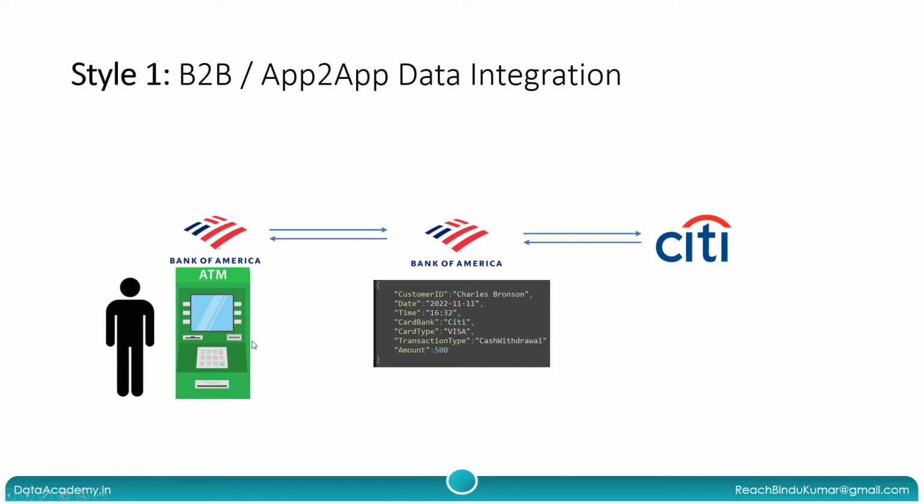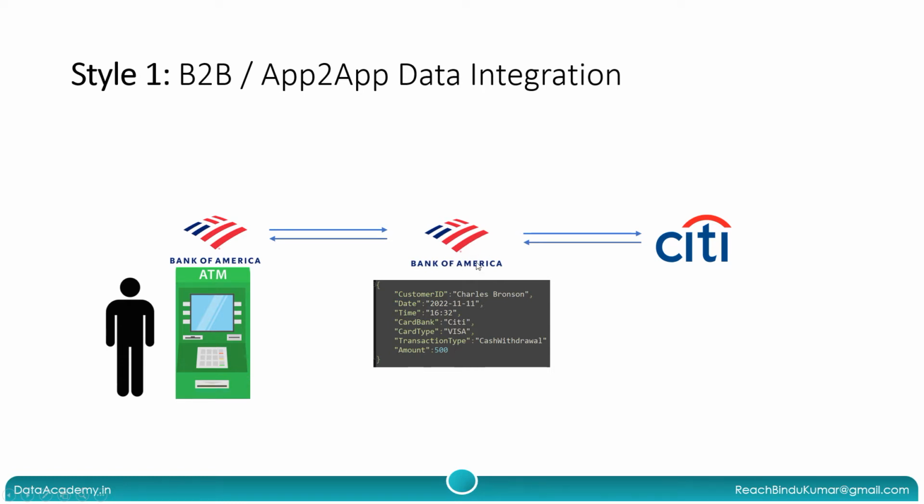When the person swipes the card or inserts the card into the ATM, the Bank of America ATM sends some amount of information to the centralized Bank of America server. The data might look something like this: the customer ID, date, time, the card bank, which is the bank that has issued the card, the transaction type, and a few other details.